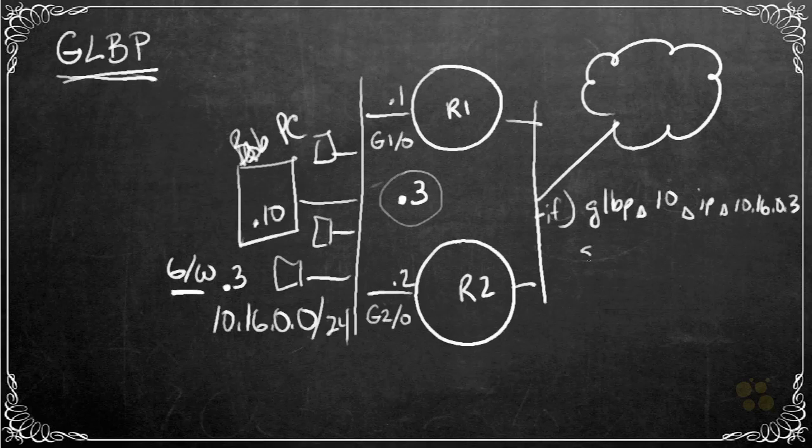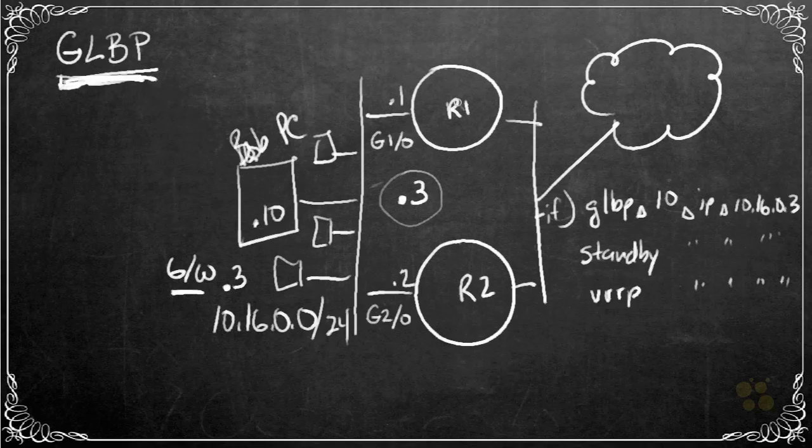For HSRP, the command is standby, followed by all that being the same. And for VRRP, the command is VRRP, with all the rest being the same. So the implementation on these interfaces is super easy to do for all of these first hop redundancy protocols. Also, to see their status and how they're doing, you just do a show for each of them: show VRRP, show standby, show GLBP.